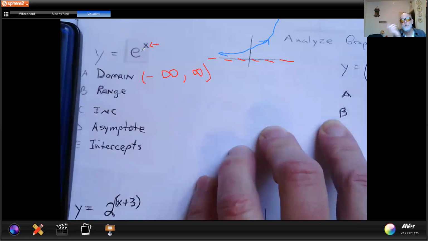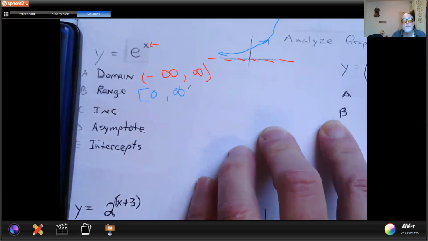I can raise e to a negative number. No problem. What's the range? Well, there is no graph down below 0. So the range has to be all the numbers that are greater than 0.